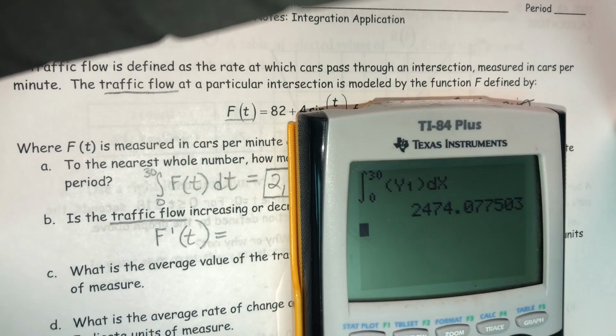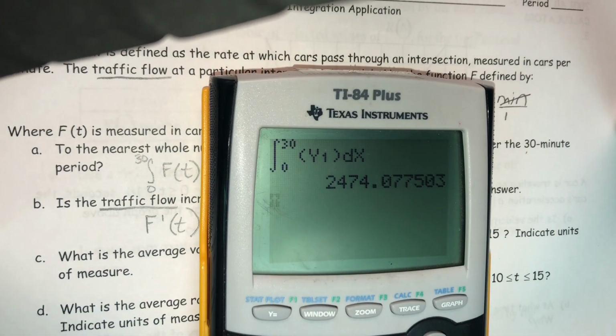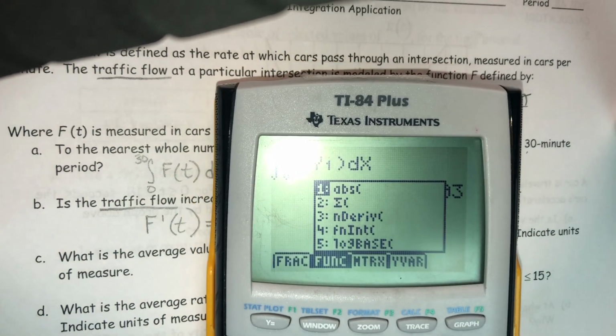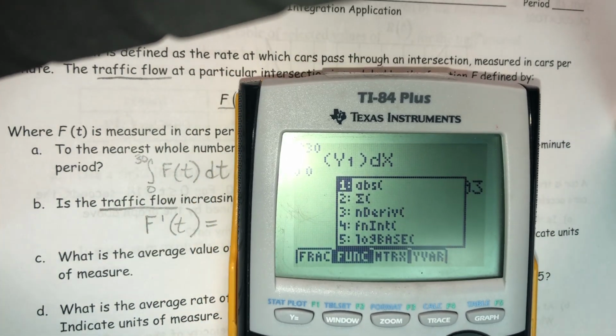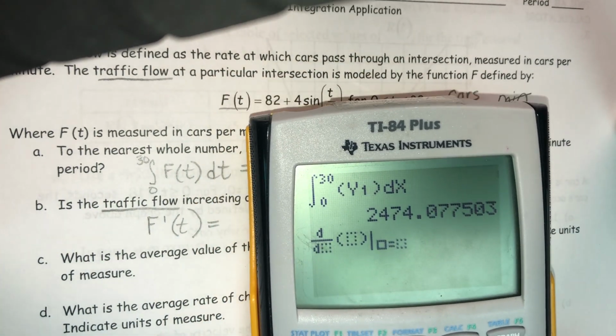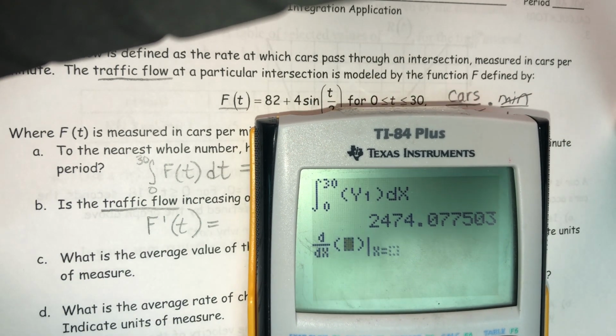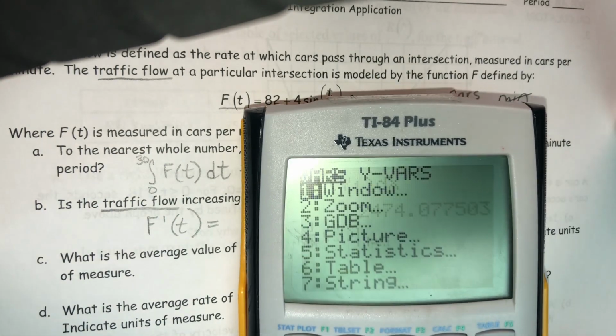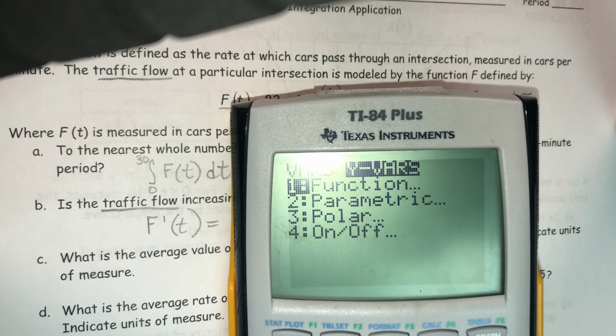So I'm going to go into my calculator and I'm going to hit second and then alpha window, and then option 3 for nDeriv, and then I want d/dx of, and then I'm going to hit vars, y vars, function 1.